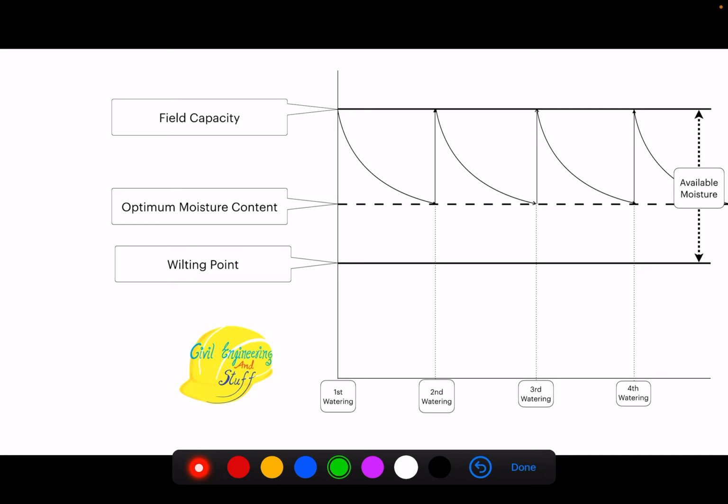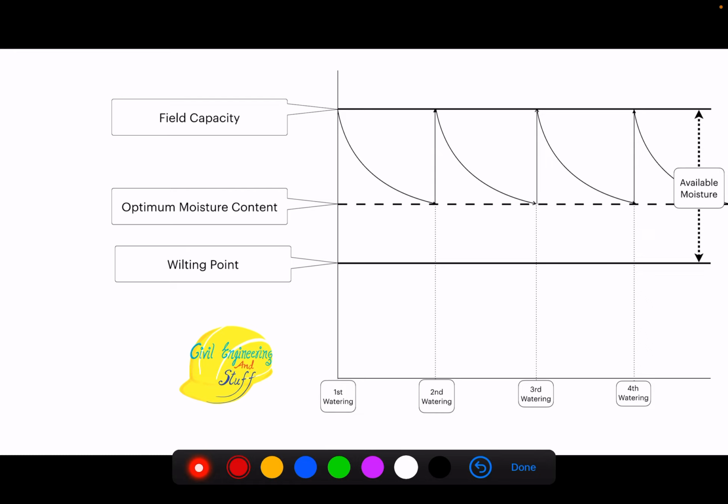And even in the case if we would have done the second watering before, not exactly at the wilting point, if we would have gone here, then the yield of the crop or the growth of the plant would have decreased, right? So it is very vital to understand this soil moisture irrigation relationship.